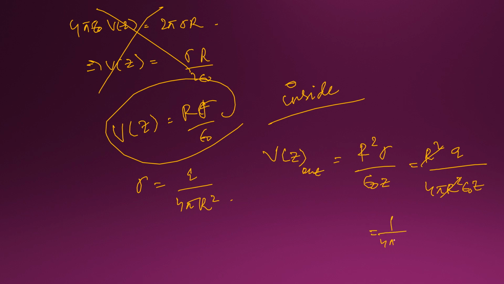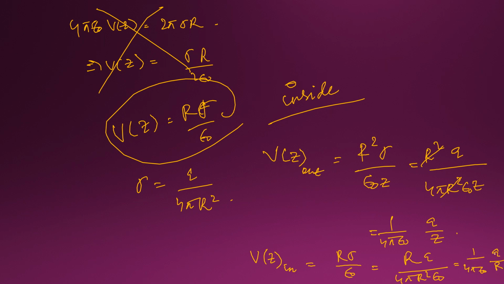So 1 by 4 pi epsilon naught Q by z. And for inside, Vz is r sigma by epsilon naught, that is Q by 4 pi r square epsilon naught, so 1 by 4 pi epsilon naught Q by r inside. So this z you can take also as r. Vr is equal to 1 by 4 pi epsilon naught Q by r, any distance, no problem. Is that all right? This is the way to solve it.